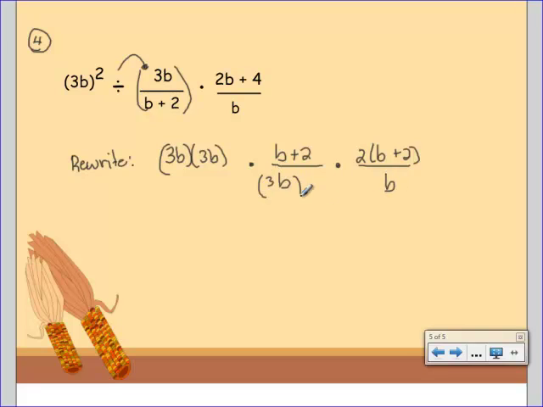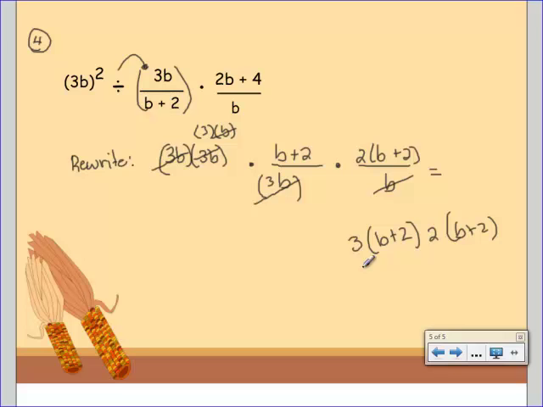And I look to see what I can cancel. Well, this 3b didn't even have to factor because I see it can monomial cancel with that 3b. But this 3b can factor down into 3 times b, and then I notice that this b can cancel with this b. And I'm left with a 3 on the top, a b plus 2, a 2, and a b plus 2.